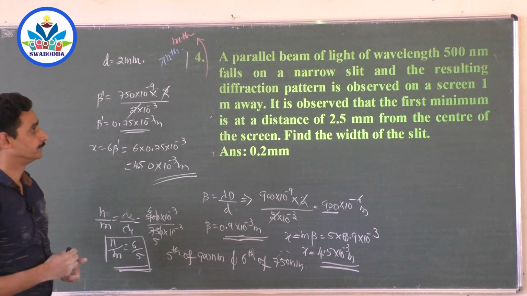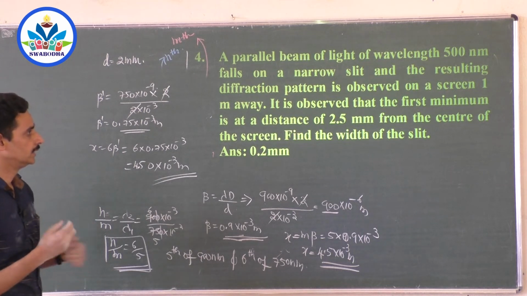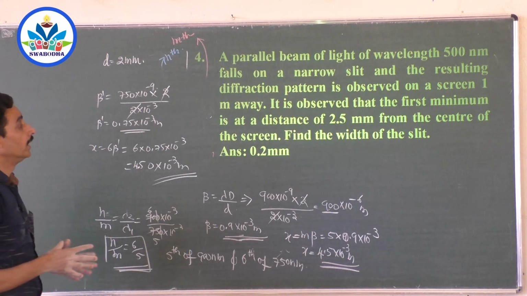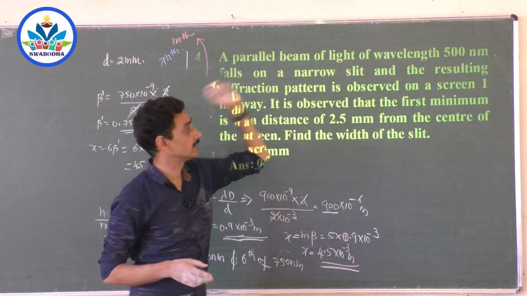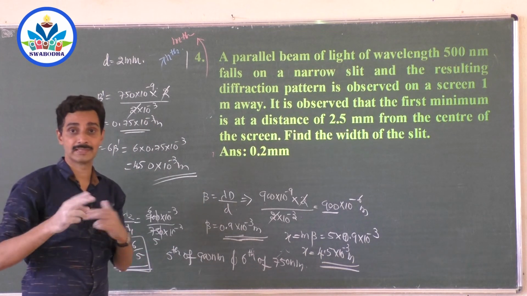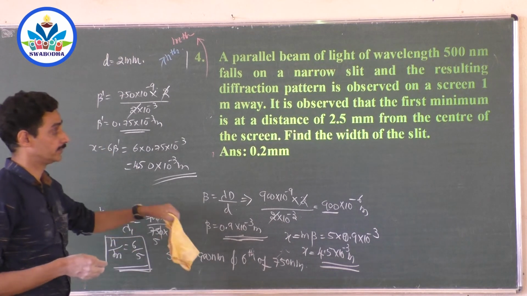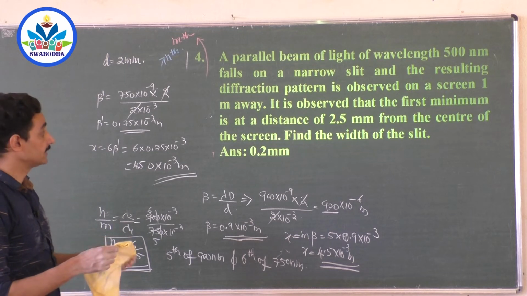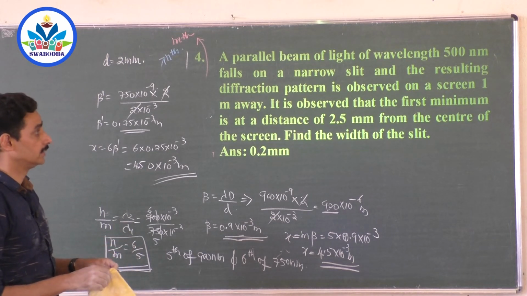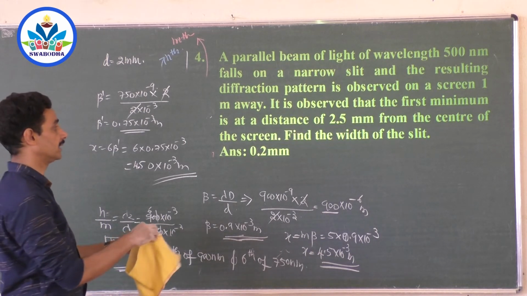Yes, the 4th one. This is related to diffraction. We will take the problems of diffraction. How did I say that this is related to diffraction? Incident on a narrow slit, single slit, not double slits. A parallel beam of light of wavelength 500 nanometer falls on a narrow slit, and the resulting diffraction pattern is observed on a screen 1 meter away.